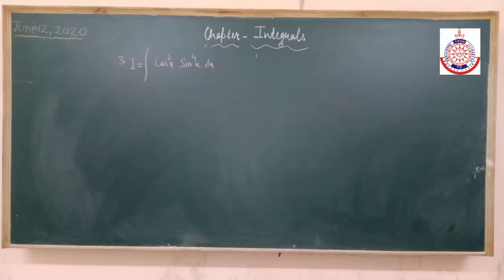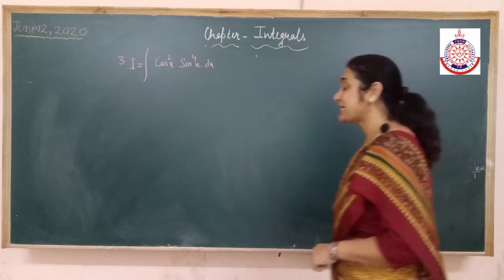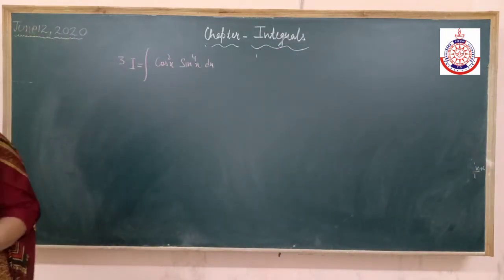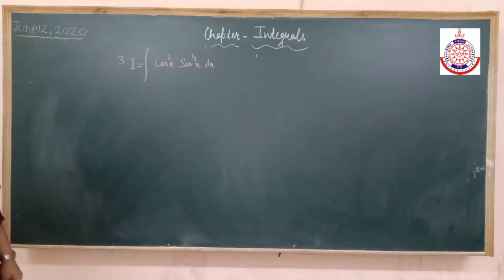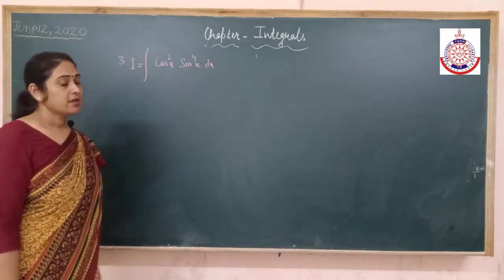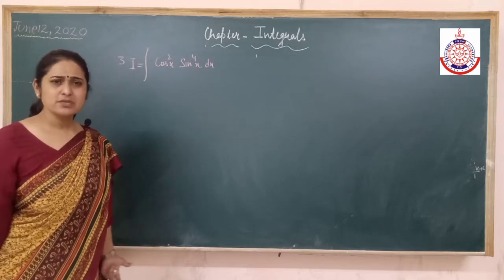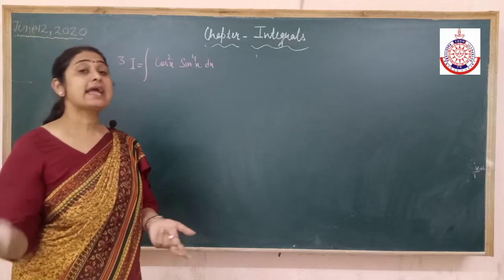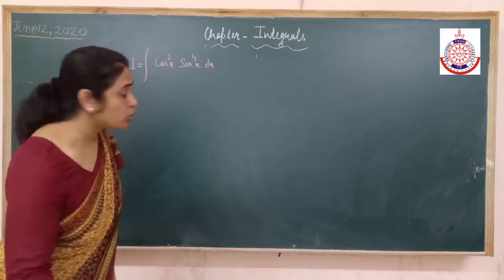Now, this one has both even powers. If you see the question, integrate cos square x into sin raised to power 4x. And if you recall the form which we did, that was the fourth form. If both are even, we have to convert into multiple angles. Because I told you whenever we have even powers, the question is easier to do because I can convert into some other t ratio. I can apply some trigonometric formula also.